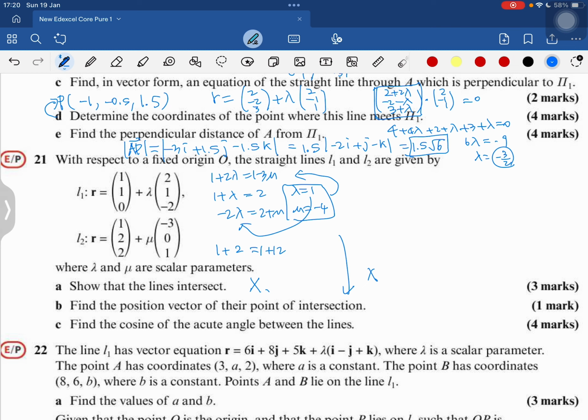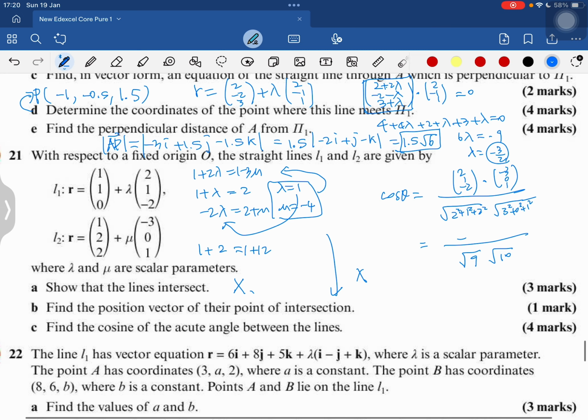Number C, cosine of the acute angle between the lines. This is about the direction vectors, the angle between direction vectors. So cos theta becomes (2, 1, -2) dot (-3, 0, 1) over square root of (2, 1, 2) times square root of (3, 0, 1). So square root of 9 times square root of 10, with -6 + 0 - 2. So -8 over square root of 90.